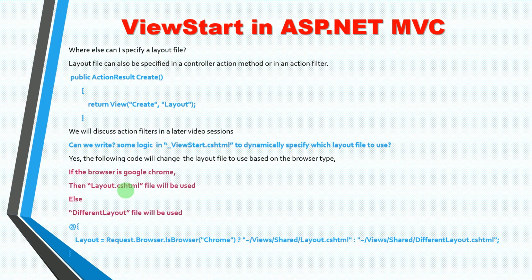You will just write the code like this in the viewstart.cshtml file, right? Layout equal to Request.Browser.IsBrowser. If it is Chrome, then use this layout.cshtml, or if it is not Chrome, then use this different layout.cshtml, right? So we will use this code.